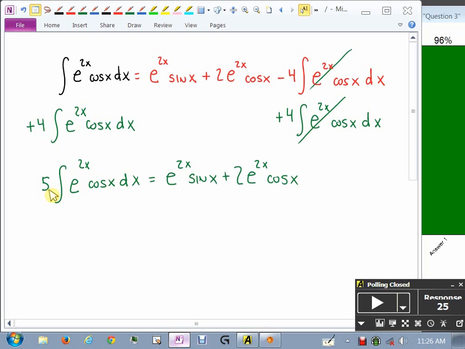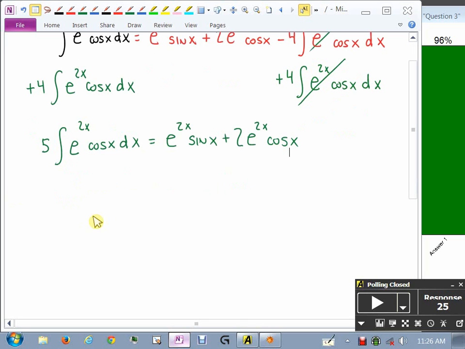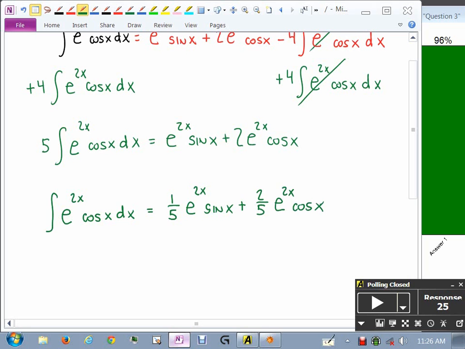Just divide this 5 out. Divide 5 on both sides. And so what we'll get is integral e to the 2x cosine x dx is 1/5 e to the 2x sine x plus 2/5 e to the 2x cosine x. I just divided each of these terms by 5.